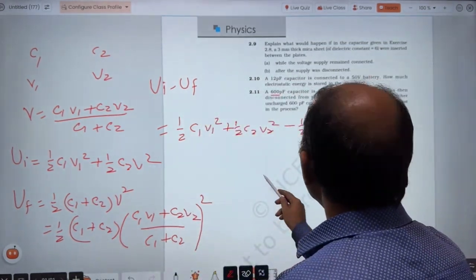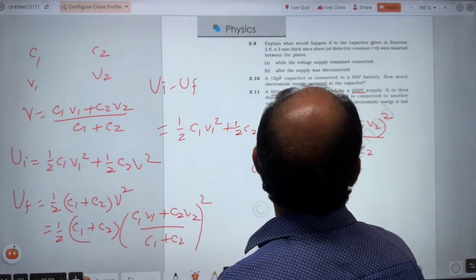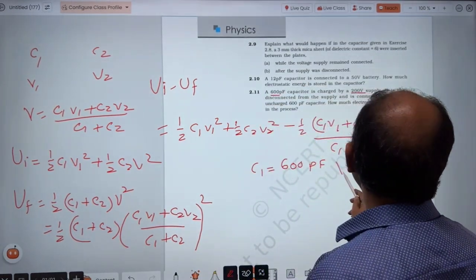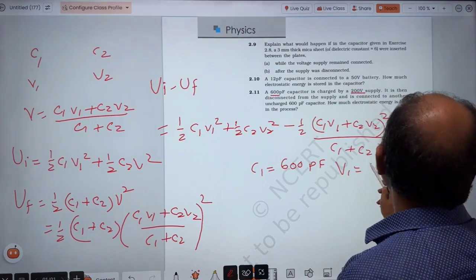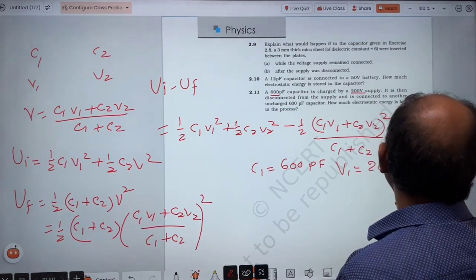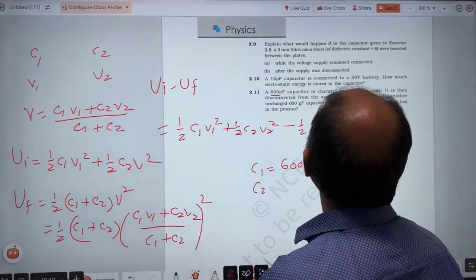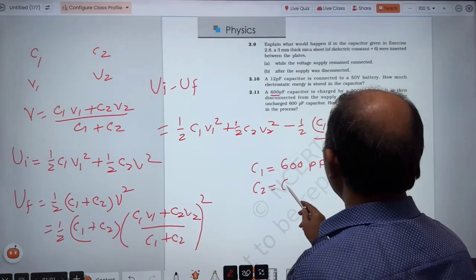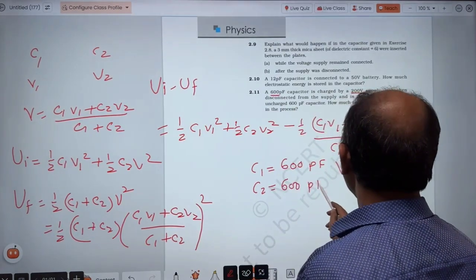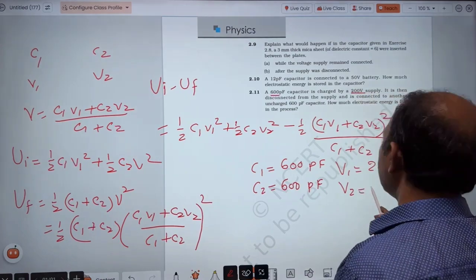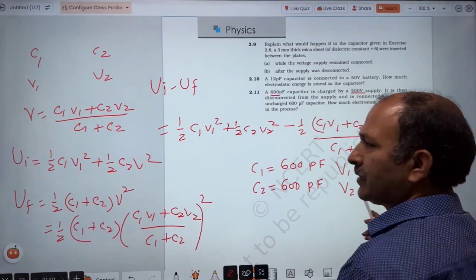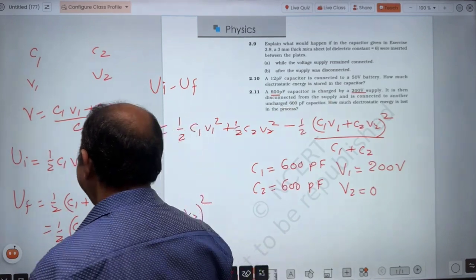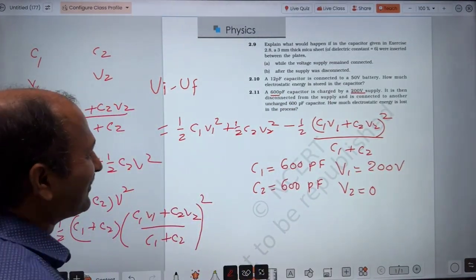So V2 equal to 0. Here in this equation you can put in the values. This term will become 0, and here also this term will become 0. So we get C1 square V1 square divided by C1 plus C2. So let's simplify it to get the answer.